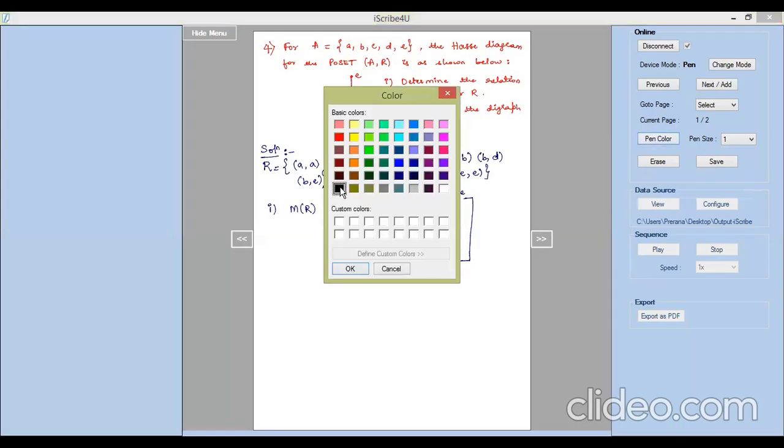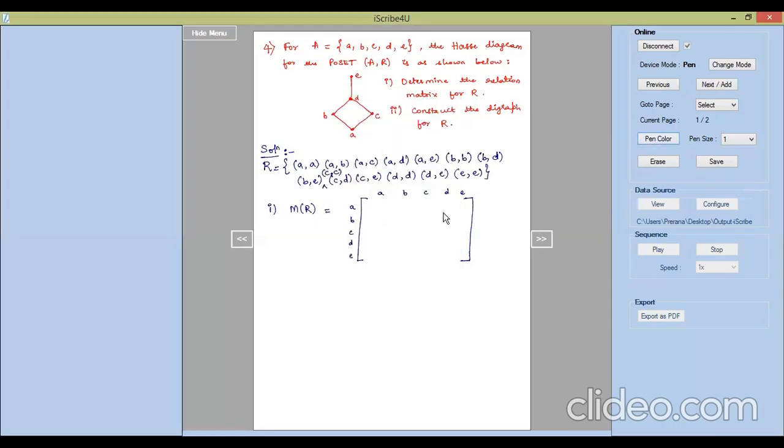Okay. Now we will write down all the elements here which are related to each other. AA, AB, AC, AD, AE. So AA is 1, AB is 1, AC is 1, AD is 1, AE is 1. Then we have BB, BD, then BE.